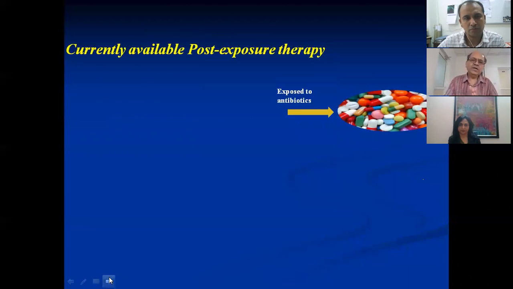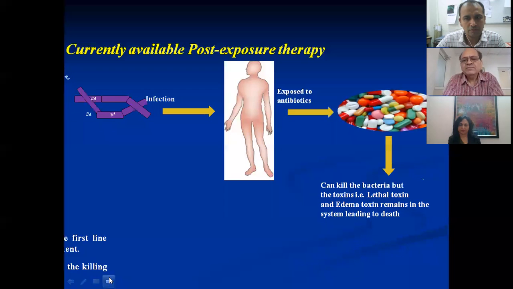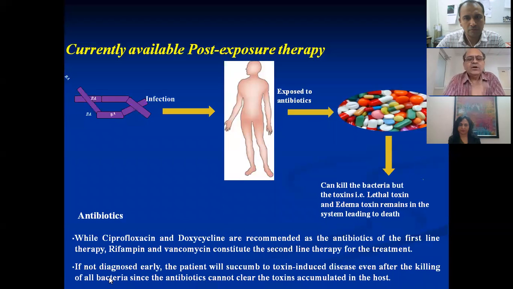Now, you know, the currently available post-exposure therapy is just antibiotics. All right. So when the infection occurs, what happens? You want to kill the bacteria, which is possible by using antibiotics.